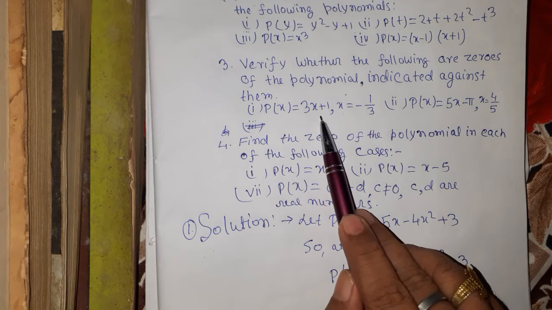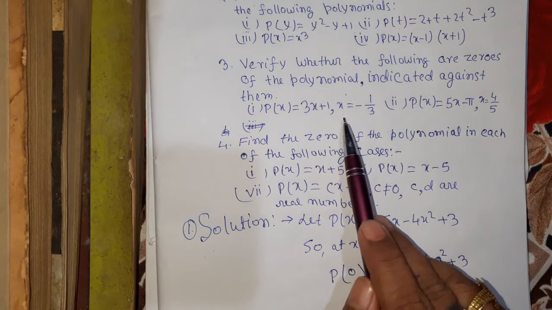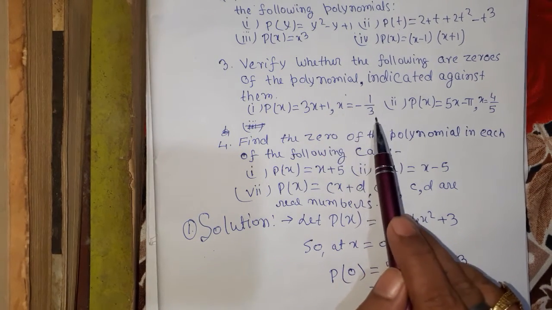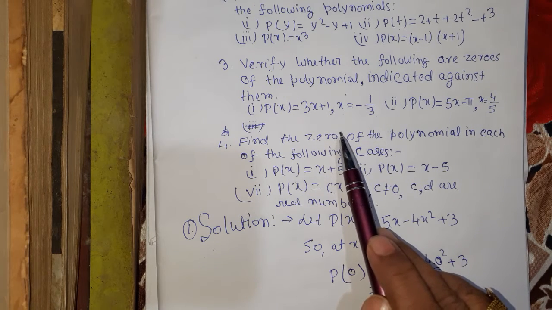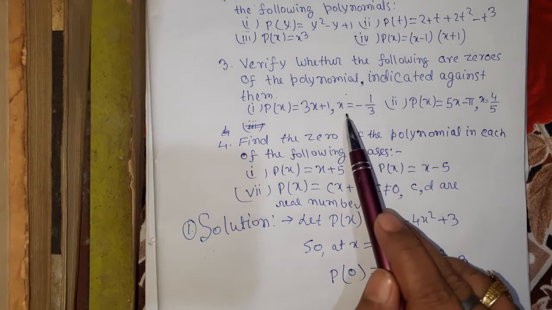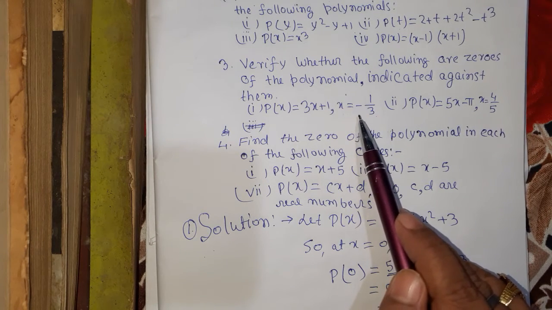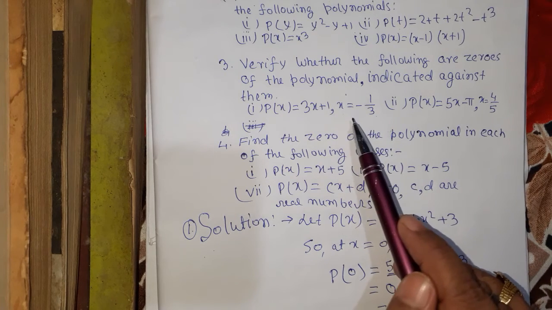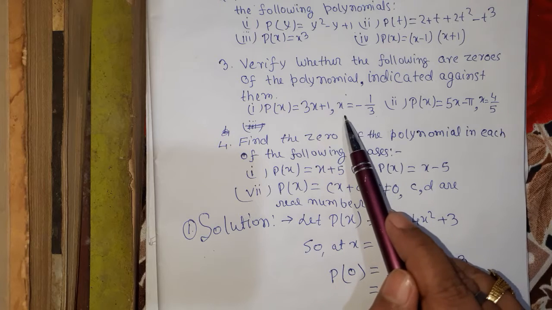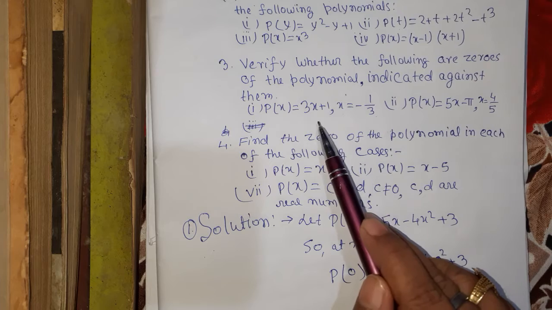This is the polynomial and we have to see whether x is equal to 1 by 2 is the zeros of the polynomial or not. It will be zeros of the polynomial if after evaluating the polynomial by giving the value of x is equal to 1 by 2 we get 0.